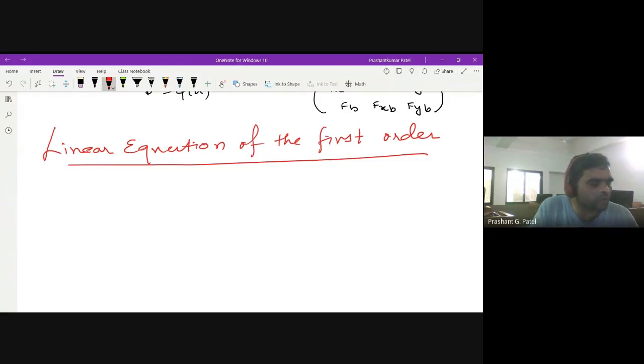So what do we know as a quasi-linear equation? The definition, if you can recall, is that a PDE is said to be quasi-linear if its derivatives of highest order which occur in the equation are linear.